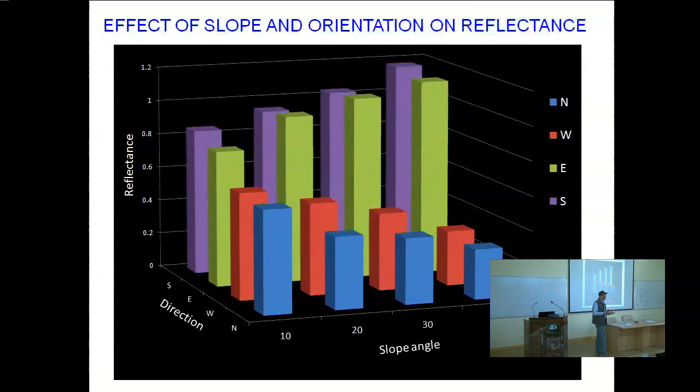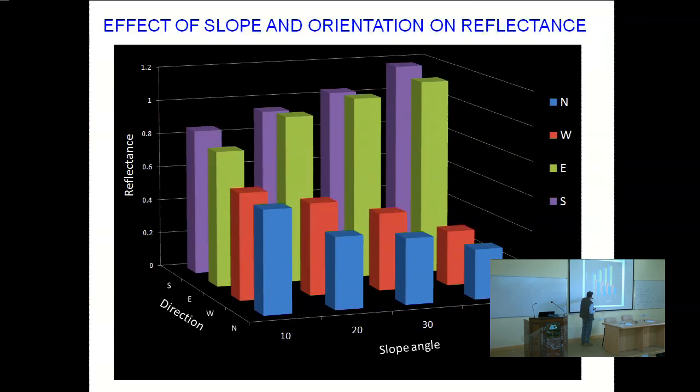If you have a surface which is northern facing, or a surface which is southern facing, and you have a different slope, just because of that cosine relationship of incoming solar radiation, you will have a large variation in reflectance. Suppose it is northern facing and the slope varies from 10% to 40%, you can see how the reflectance changes significantly depending on slope.